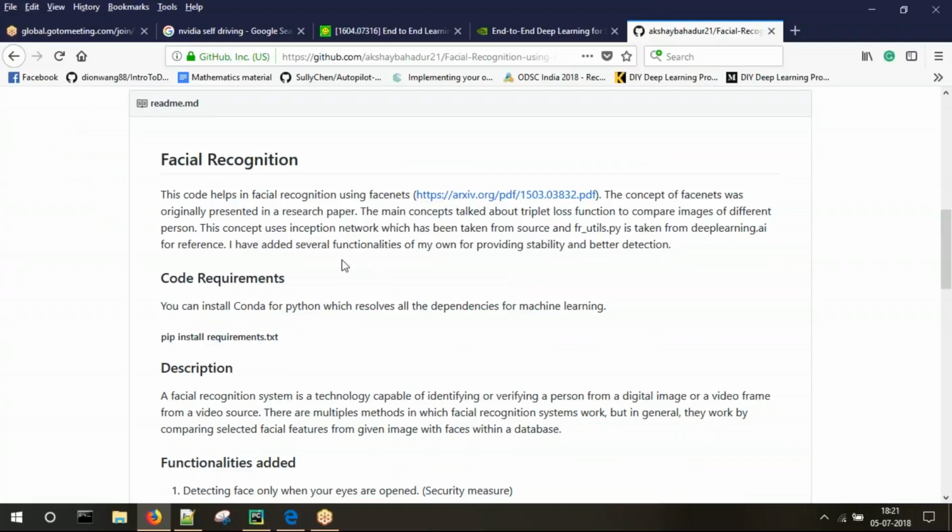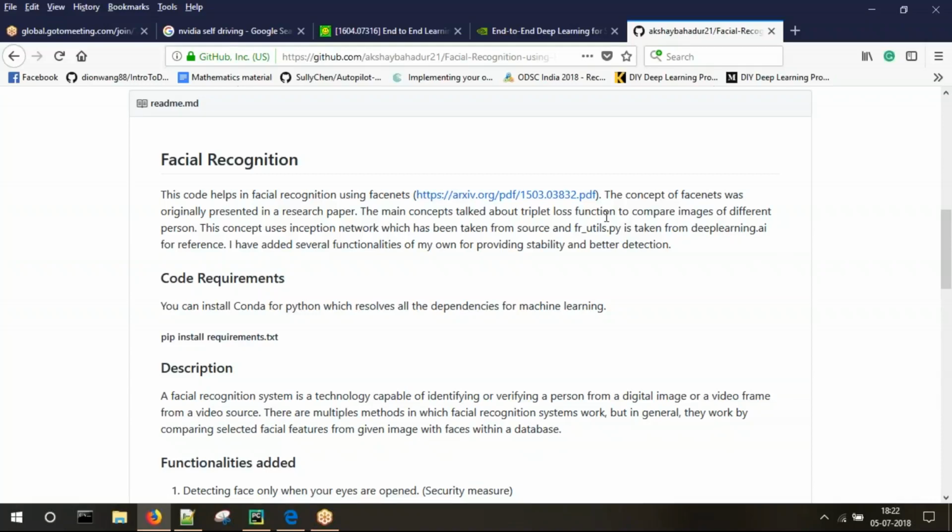So in this particular project that I have done, I've used this triplet loss function to compare different images. Also, some part of this is taken from deeplearning.ai. This project is a part of deeplearning.ai, but they are only doing it on static images.